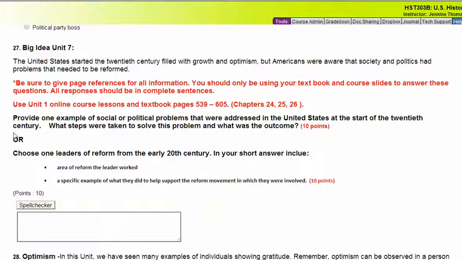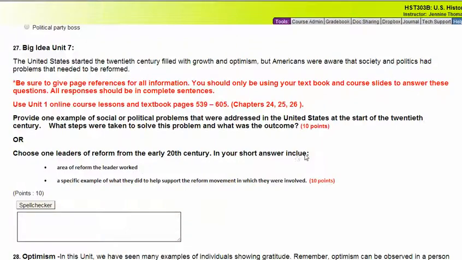Provide one example, and here is your question, this part right here. Provide one example of social or political problems that were addressed in the United States at the start of the 20th century. What steps were taken to solve this problem, and what was the outcome? Or choose one leader of reform from the early 20th century in your short answer.